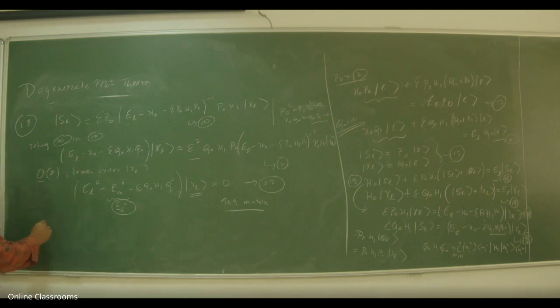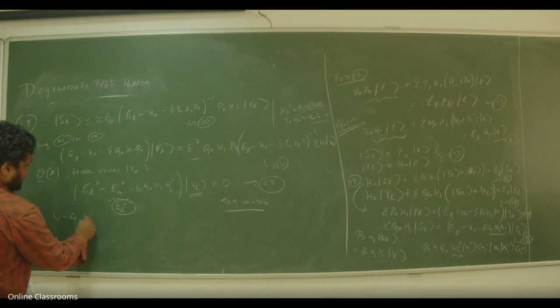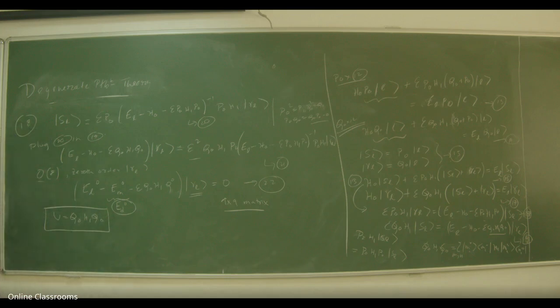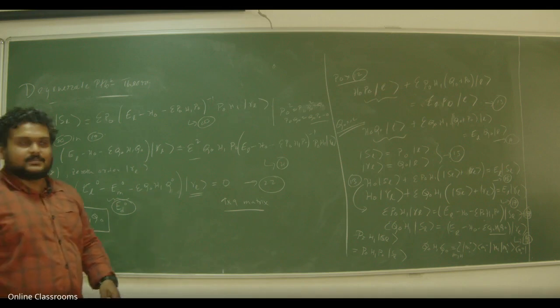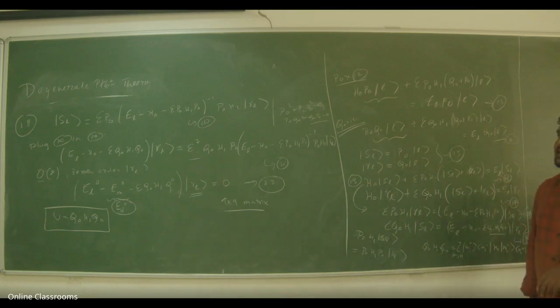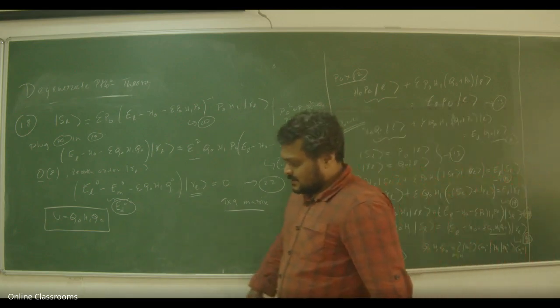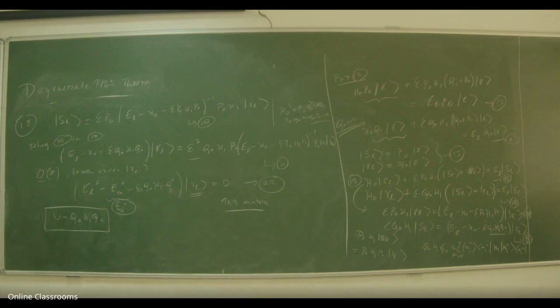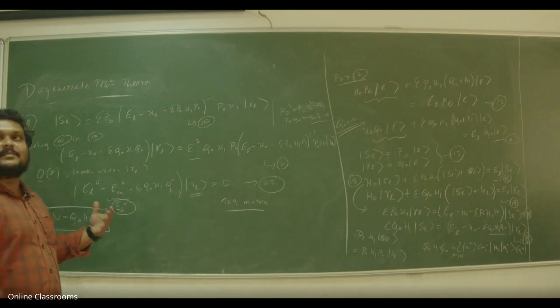So the shorthand is U equals Q naught H1 Q naught. This thing I called an effective matrix, effective Hamiltonian. It's a Hamiltonian of H1 projected into the subspace of this. Okay? So this terminology you will see more commonly when you take advanced courses in atomic molecular physics, condensed matter, QFT and particle physics, the concept of effective Hamiltonian.